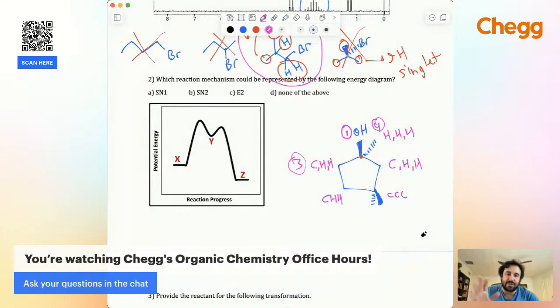So that's a little confusing, but remember with the Cahn-Ingold-Prelog convention, we're going one atom at a time, okay? So oxygen wins without a question, but then carbon, carbon, carbon, these 3 are identical carbon atoms, so we have to see what they're connected to. This carbon is attached to hydrogen, hydrogen, hydrogen. This carbon is attached to carbon, right, this next carbon, and then the 2 implied hydrogens. This carbon is connected to this carbon and the 2 implied hydrogens.